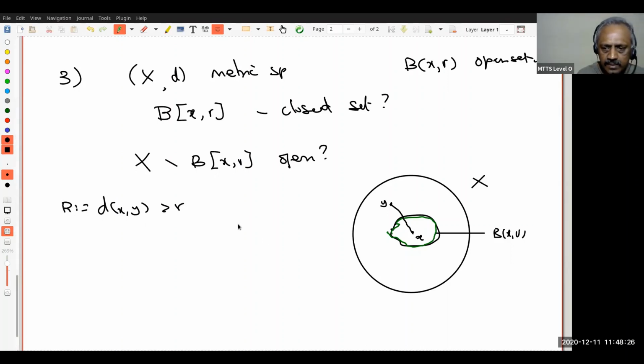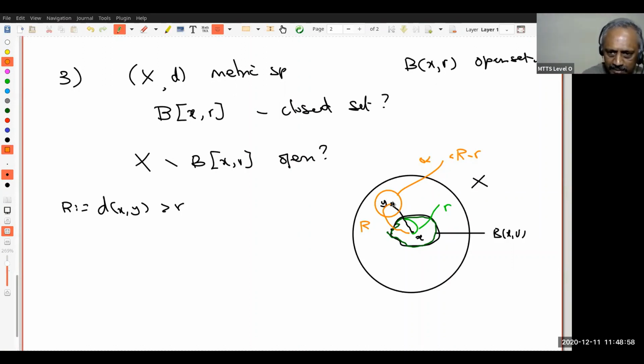Now you can see from the picture, this is r and this is capital R. So you can see this is r minus R. So it looks pictorially like I can go up to this. This could be radius r minus R, of course positive. I can take a positive radius around y.